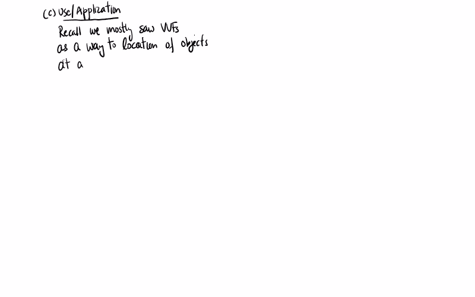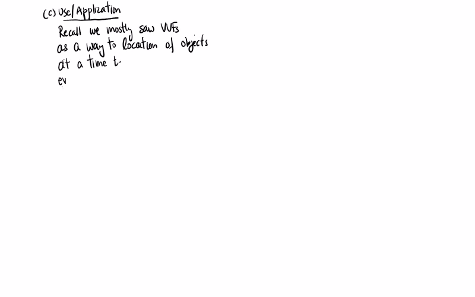Recall that we mostly saw vector-valued functions as a way to represent the motion of objects. Really the location of objects at a time t.